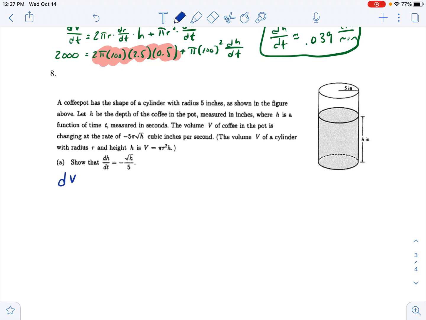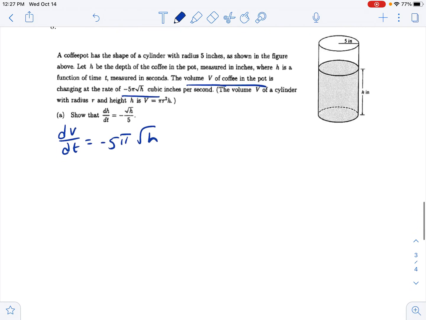So what does that represent? The change in volume. So dV dt is that negative 5 pi radical h, cubic inches per second. They've reminded us of the volume formula again, and now they want us to show that the rate of change of the height with respect to time is negative radical h over 5. So they're basically telling you, here's the answer, show us how to get to that, okay?